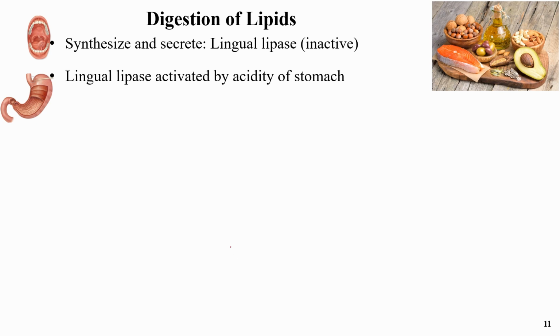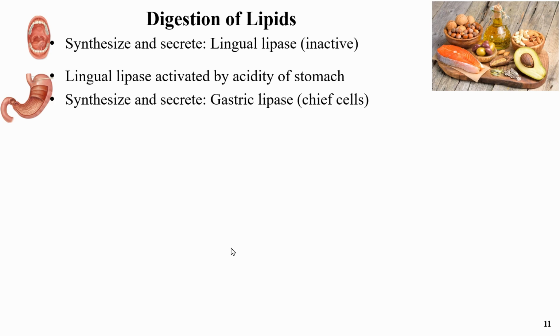So if you add that to the two other effects of hydrochloric acid that were described before, that's another key function or key role of the hydrochloric acid. The other two that I mentioned before were that it helps to denature proteins, it helps to activate pepsinogen to pepsin. In the same way, it helps to activate lingual lipase.